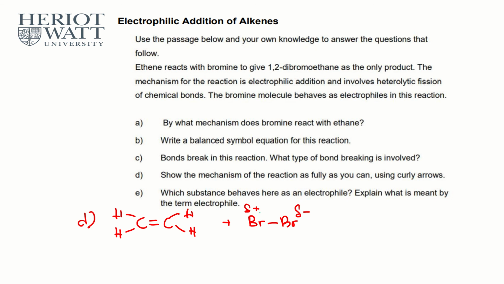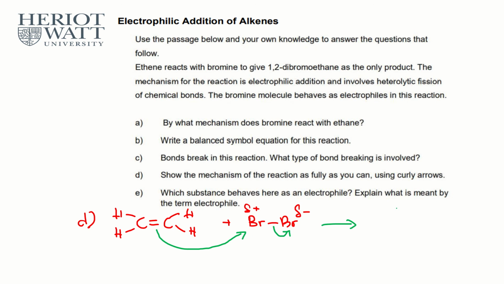Again, the electrophile, Br positive, is attacking the double bond. But the curly arrow is always from the pi bond, from electrons to positive, always. Okay, first curly arrow done, and the next curly arrow is when this double bond is attacking the Br, the bond between the Br atoms is going to break heterolytically as well, to the delta negative bromine.